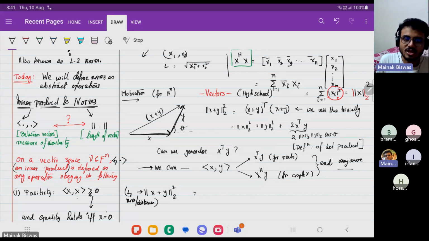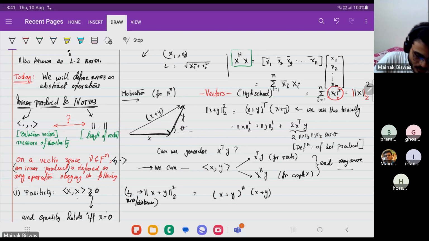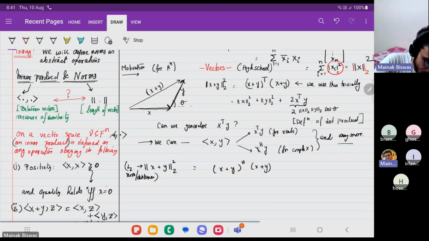From the very definition that we have written previously, what will it be? x plus y Hermitian dot x plus y. Very good. So do you recall this formula? If you open this up, you will get something like this, right?